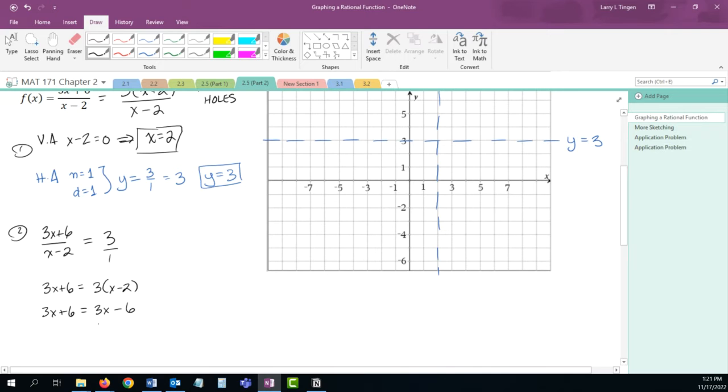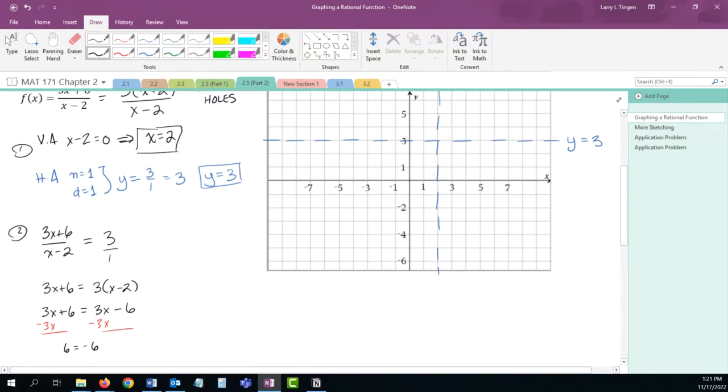Get x by itself, right? So subtract 3x from both sides. And now I have 6 is equal to negative 6. That is false, correct? 6 does not equal negative 6.